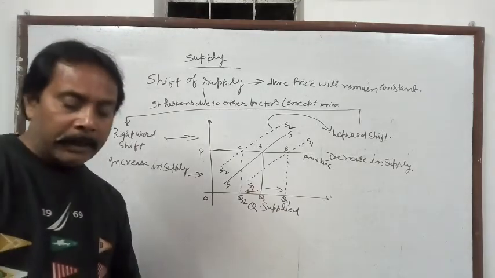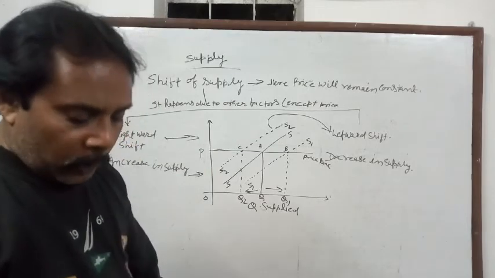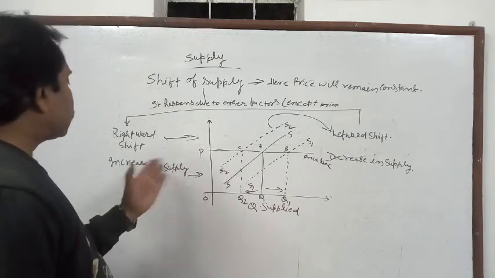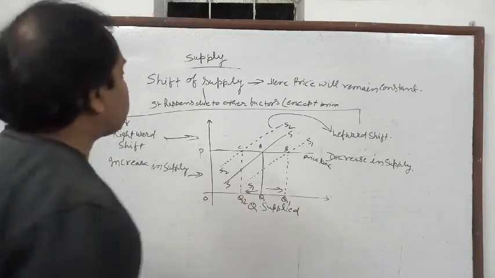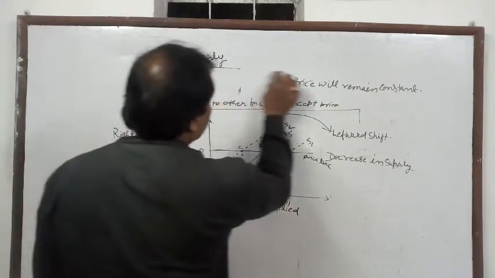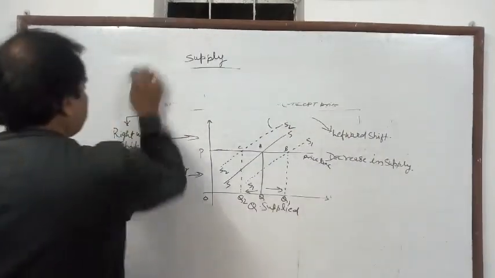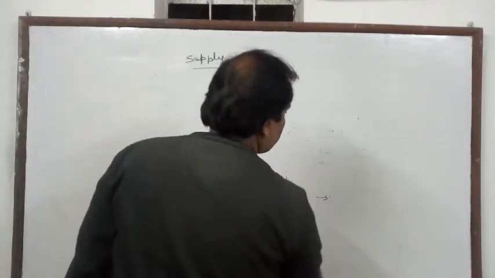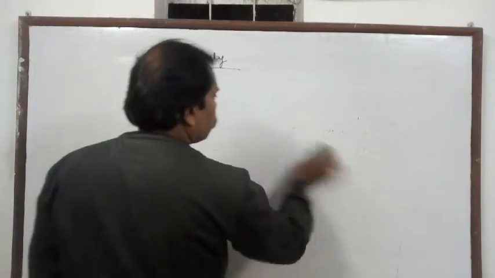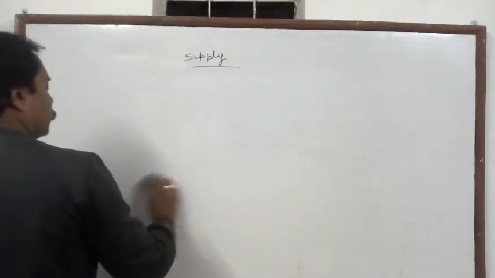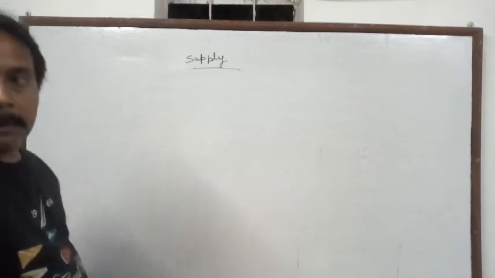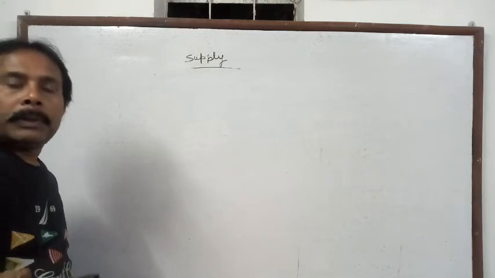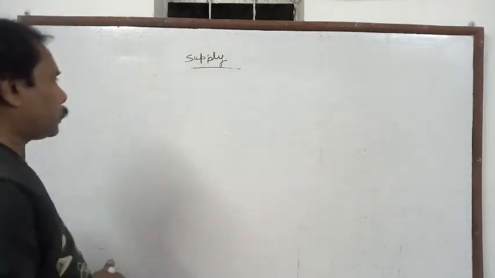Here the topic is not given. Here I am going to write when the increase in supply will take place and when the decrease in supply will take place. Increase in supply happens due to what? Decrease in the price of inputs.